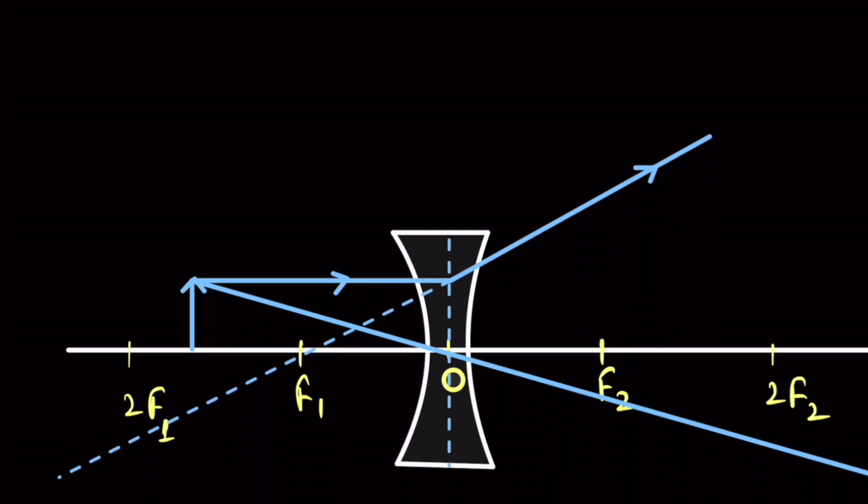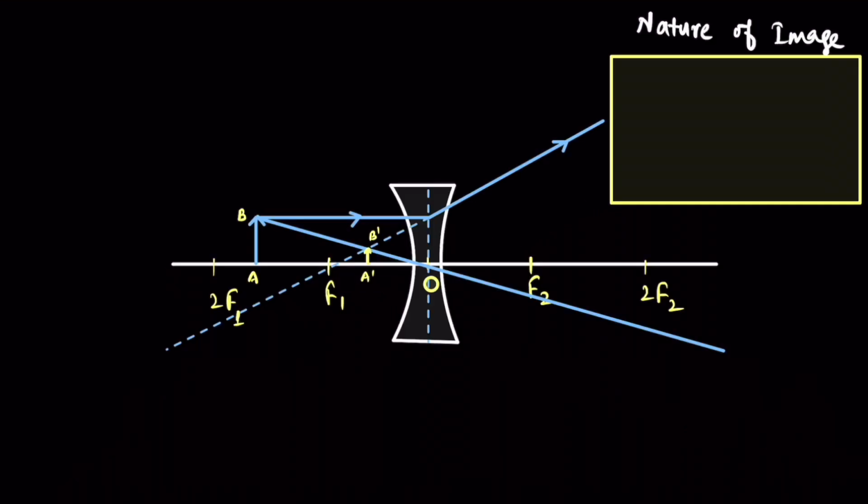So as you see, if I zoom it, object is at A, B. Here is the image formed. This is A dash, B dash. So the nature of image is virtual and erect because it is formed on the same side of the object. Second, it is diminished. And third, image is formed between F1 and optical center. So this condition applies anywhere the object is present between O and infinity.